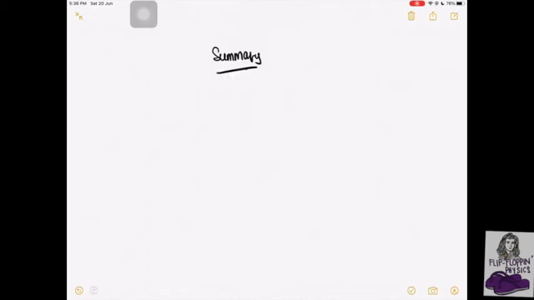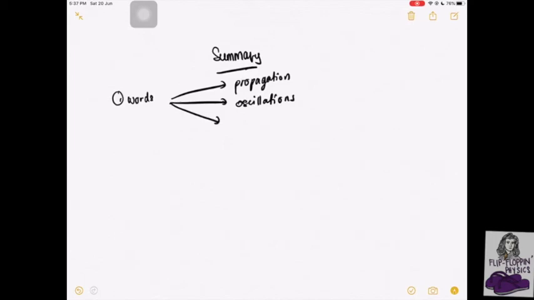As a summary, the first one is the words that you must get familiar with in this topic, because this is kind of new for you if this is your first time. You should know propagation, which is the energy transfer. You should know oscillations, which is the vibrations. And I'm only going to write some of the most important things here that are new to you.